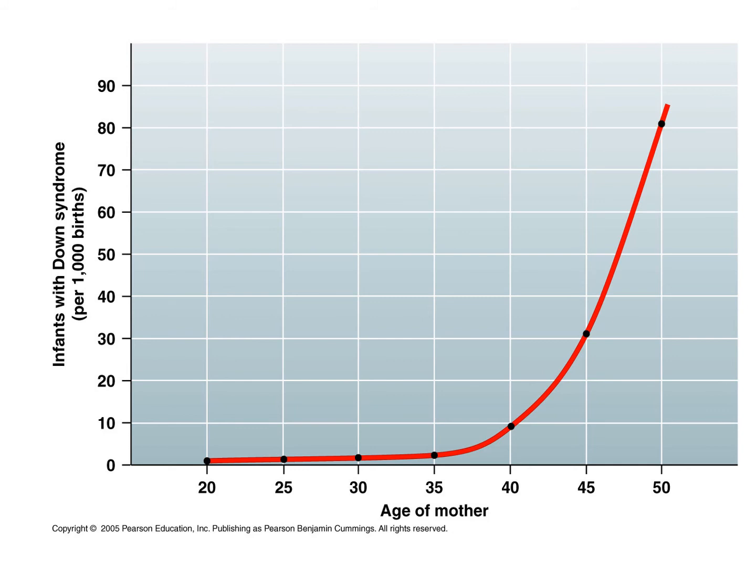As you go above age 35, we see it go up to 10. As you go up to 45, up to 30. As you go up to 50 years old, it goes up to over 80 births per 1,000 have Down syndrome. What is going on there, right? The same correlation does not happen with the father's age.